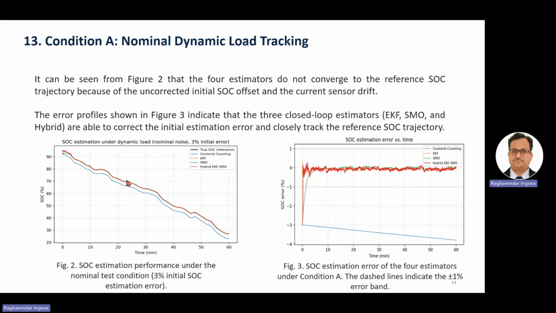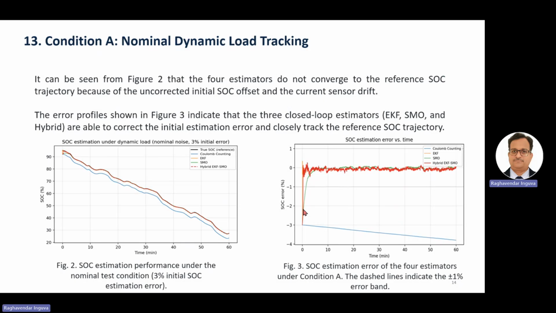Whereas in SOC estimation as well as SOC error, we can see all other algorithms are mostly going hand in hand with the reference SOC or true SOC. They are deviating a little here and there, but mostly they are following the reference SOC.